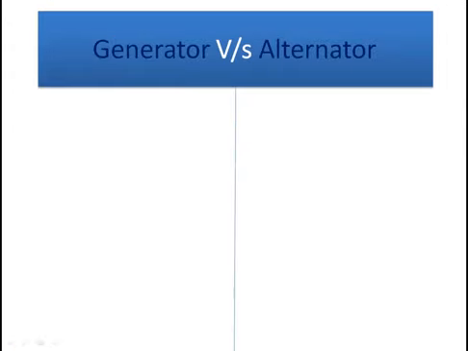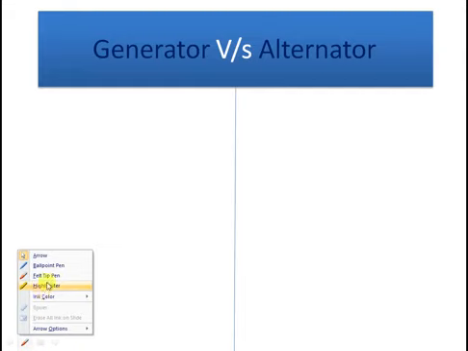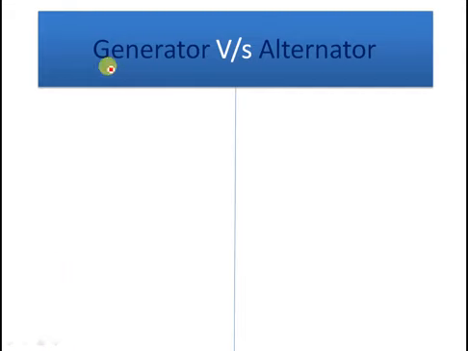So here you can see that I have just completed a chart. Here I have written generator and here alternator. In both of these sections I'm going to differentiate between them. The first difference is that by generator we mean a machine which generates DC current.